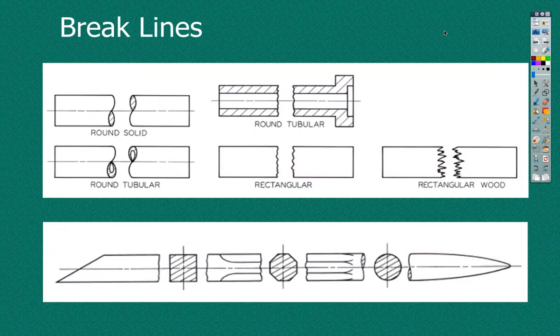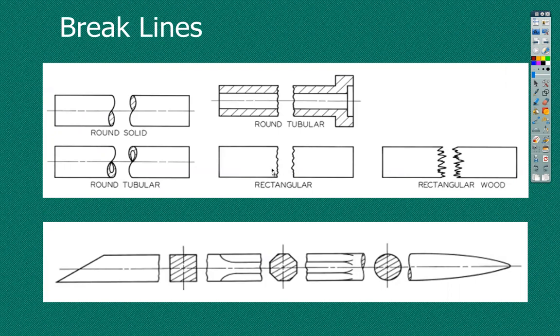For your break lines, if you're doing it by hand or in AutoCAD, if you have round things, you use these S breaks. If we're doing it on a computer, it doesn't put S breaks in, it just does the short break line, this regular line, okay? If we're doing a long break, it'll put in the broken views we talked about yesterday, right?